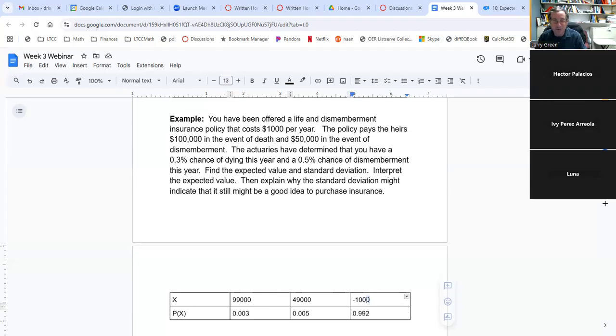Yeah. This is one of those weird ones is that when you buy that kind of insurance, you want to waste your money because the last thing you want to do is die. Yeah, I hope you don't want to die. And you certainly don't want to have your arm chopped off. So it's one of those you hope for the -1,000, but you don't want to waste money either, but you'd rather have the -1,000.